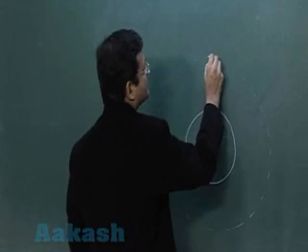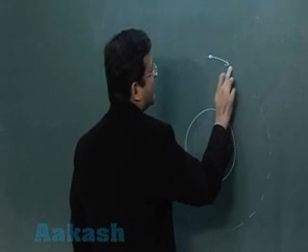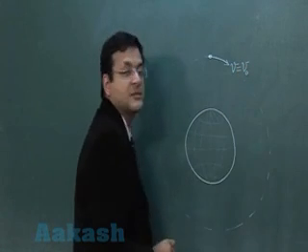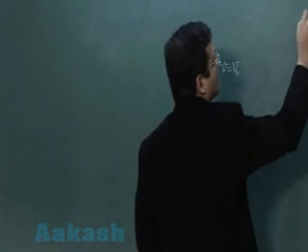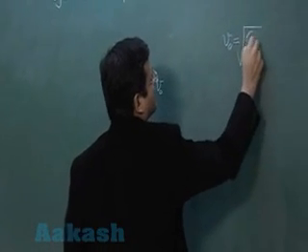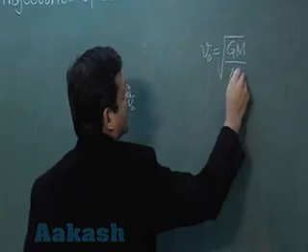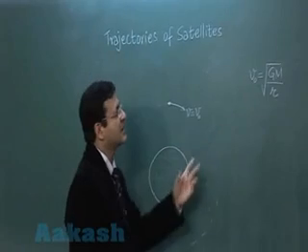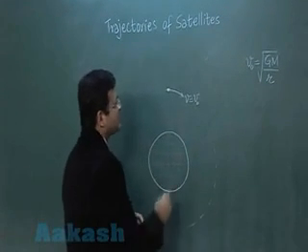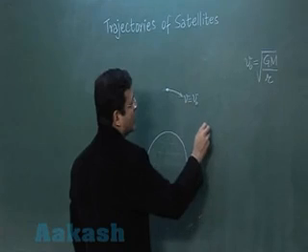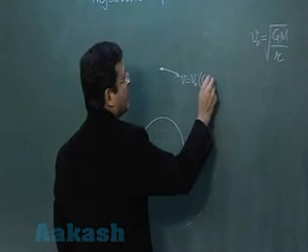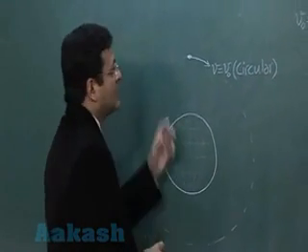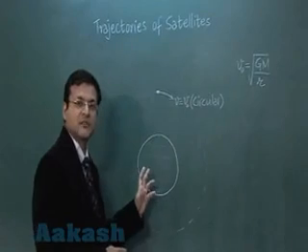Let's suppose this satellite is having its speed to be equal to orbital speed. Your orbital speed was under root GM by r. You see that in whatever orbit this satellite is, in case it is maintaining an orbital speed like under root GM by r, then its path will be circular, as you can see here. This is rotating in a circular path. It will be maintaining a circular path. And you have already seen that in that case its energy will be negative.